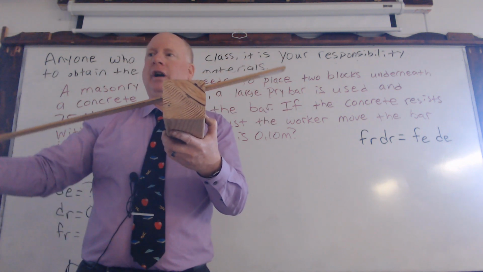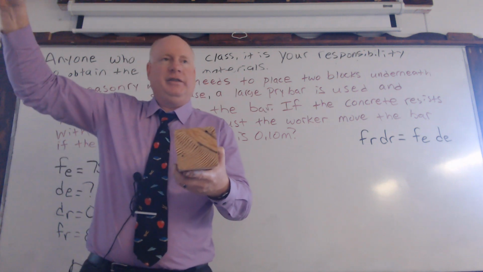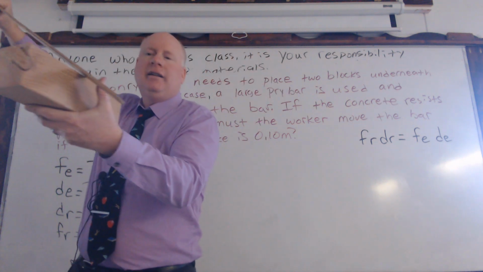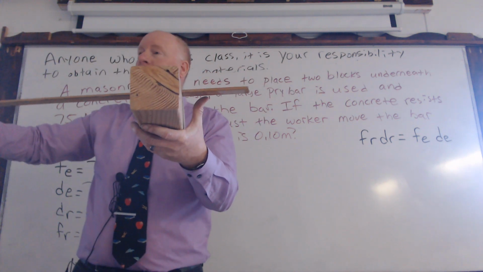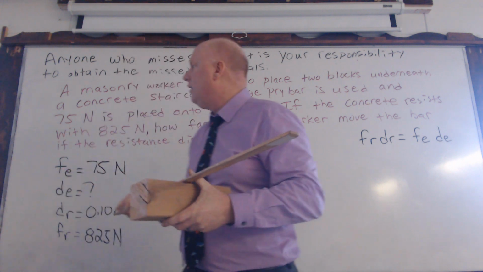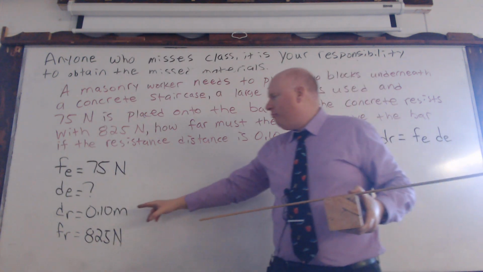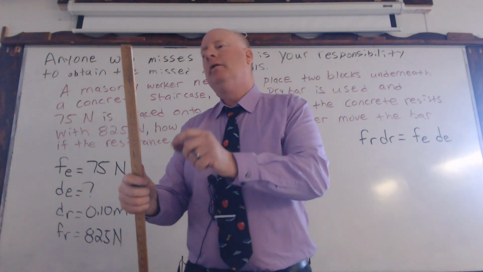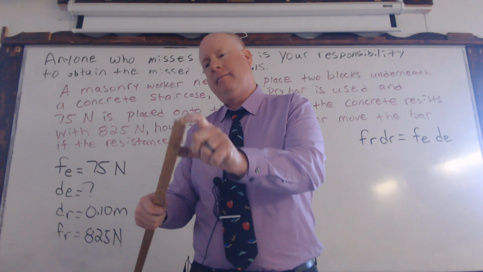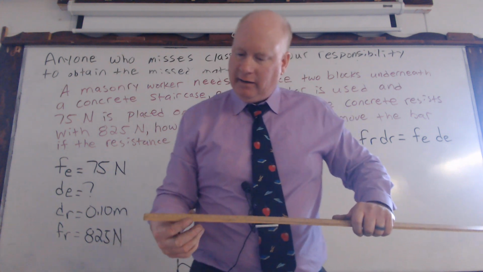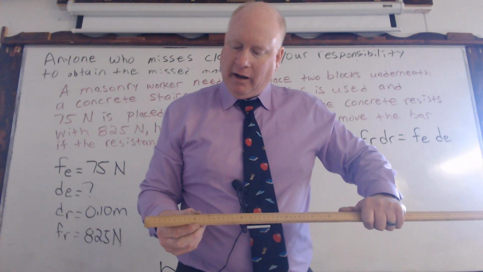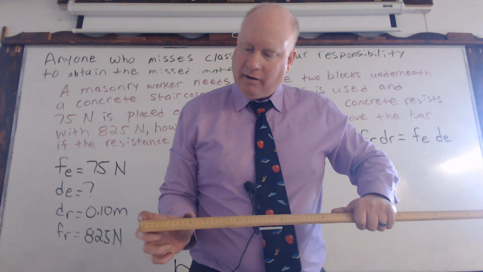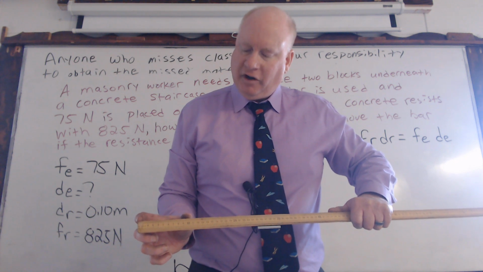So what we're trying to solve for then is how far this effort distance is going, because the result is on this side. Notice we probably don't have to lift it that far because it's only moving 0.1 meters, which according to this would be 10 centimeters here, or excuse me, 100.